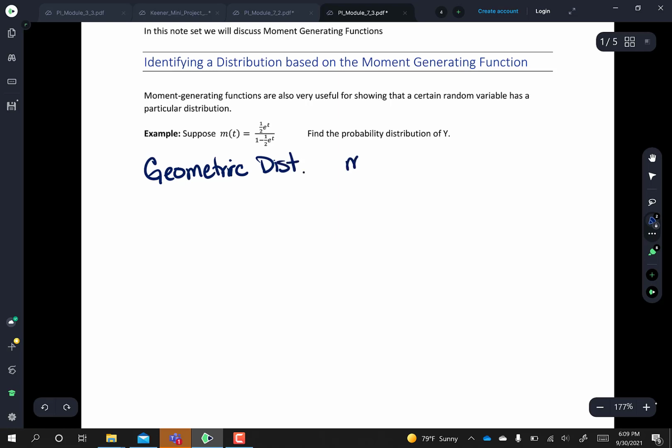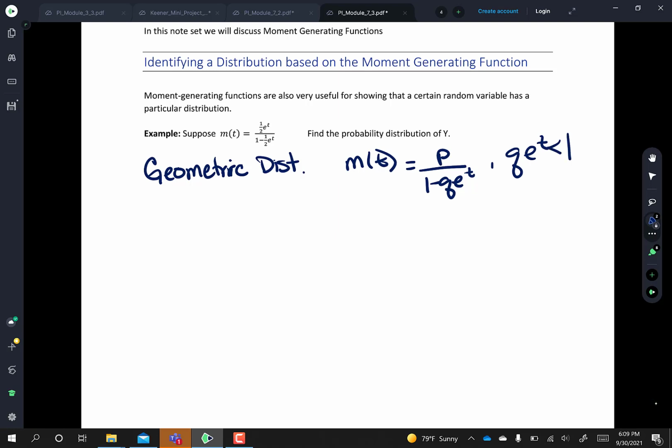If you look at the geometric distribution, you'll find that the moment generating function is equal to p over 1 minus q e to the t, defined for q e to the t less than 1. Looking at this, it looks somewhat similar. Down here in the denominator, we have a 1 minus a constant times e to the t, but what we're really missing is that e to the t in the numerator.